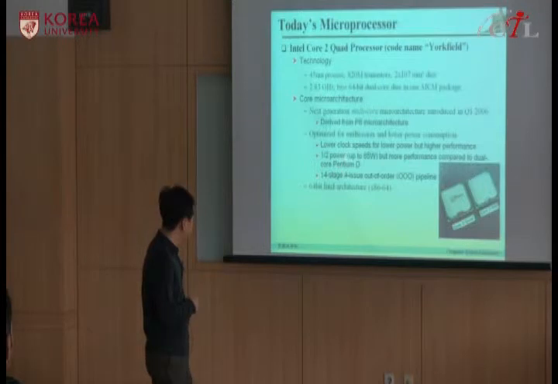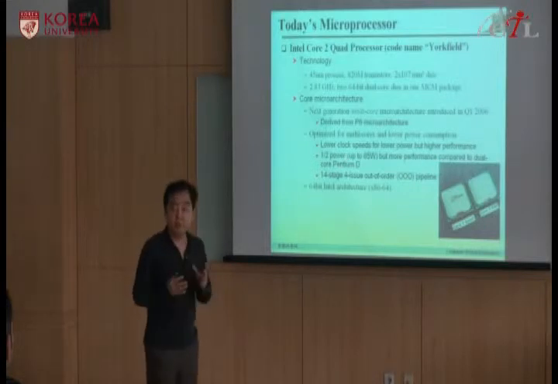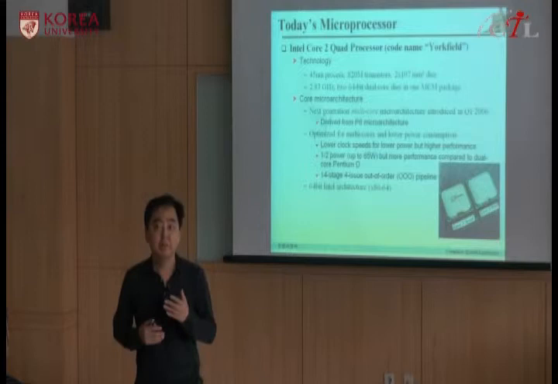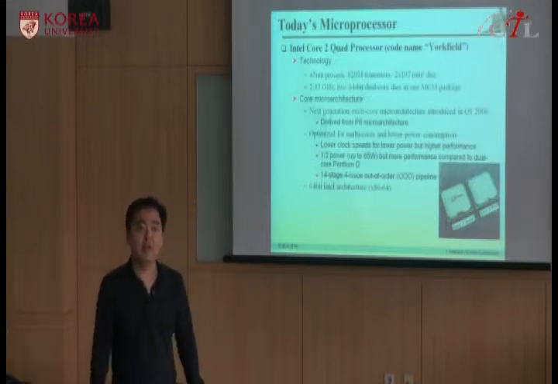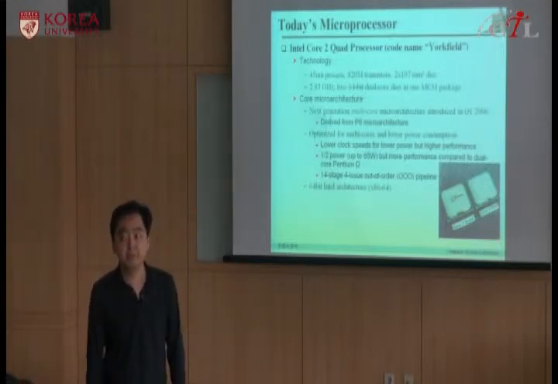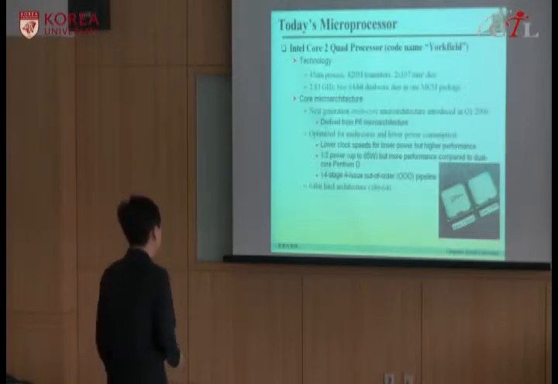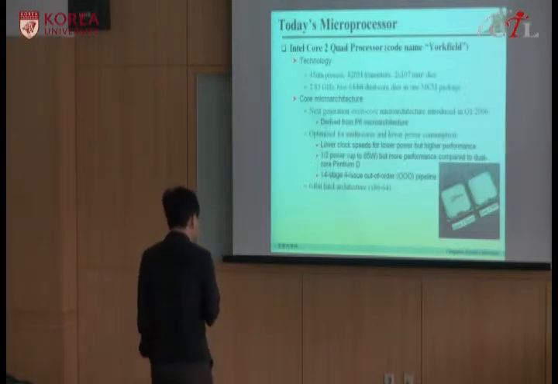So they actually reduced the power to about 65 watts, but with more performance compared to Pentium 2. Pentium D processor is dual core, but it's more like a Pentium 4 version of multi-core, but it was not efficient for multi-core, so they changed the microarchitecture.